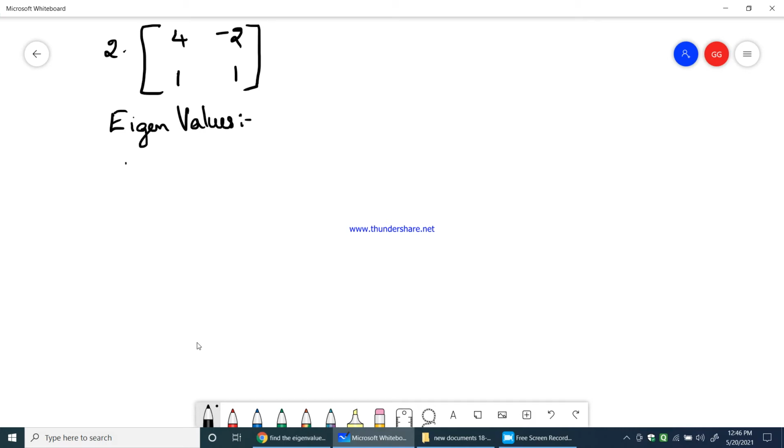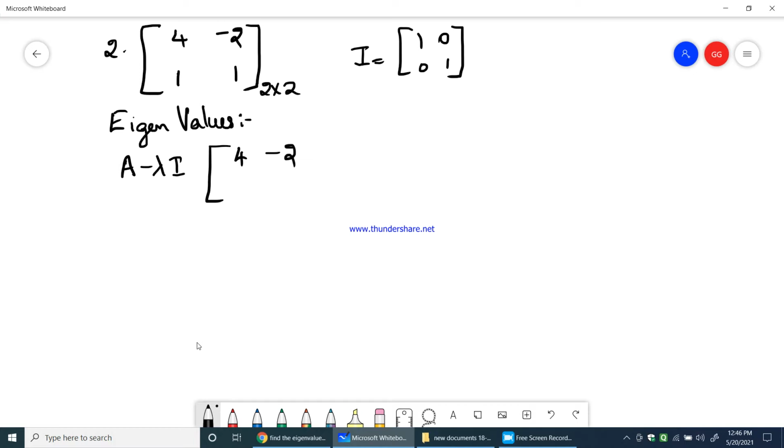Similarly, A minus lambda I. Again this is a 2 cross 2 matrix, therefore I will be equal to 1 0 0 1. Therefore A is 4 minus 2 1 and 1, minus lambda into 1 0 0 1.